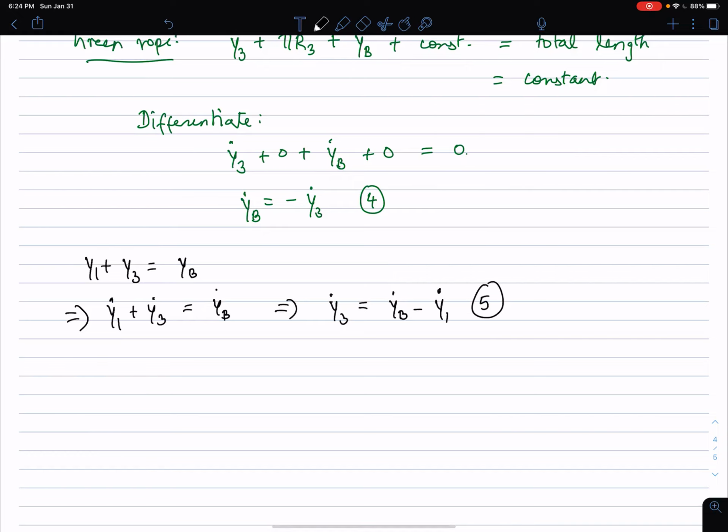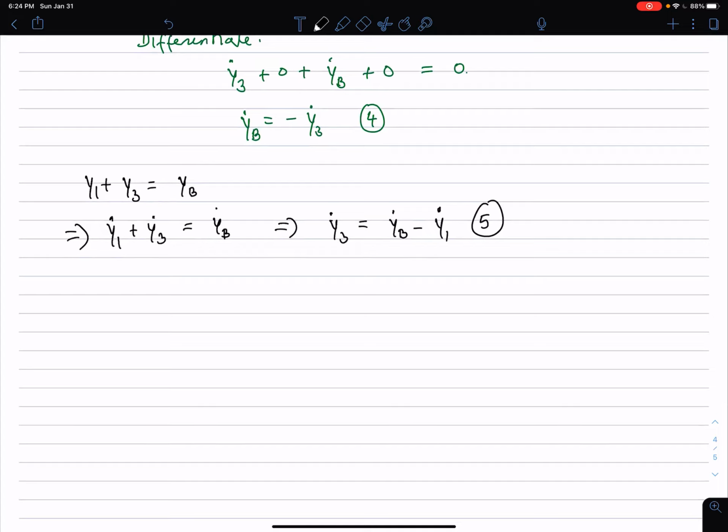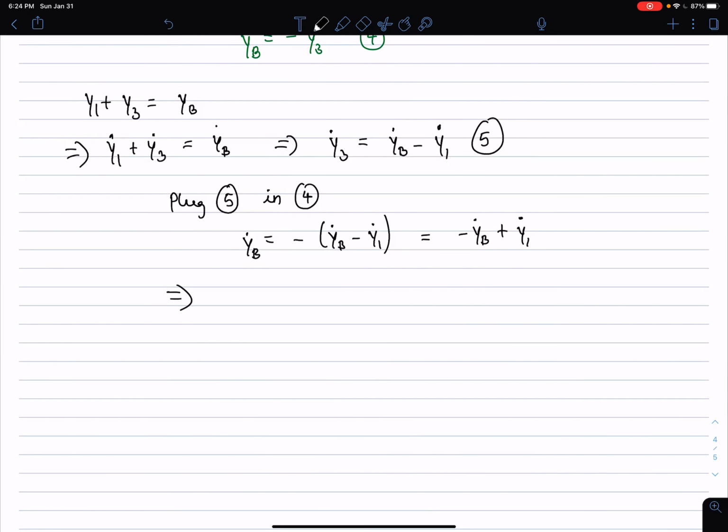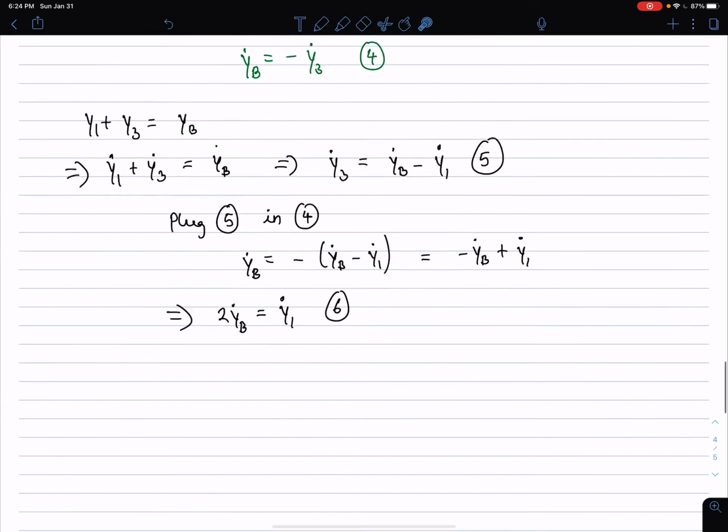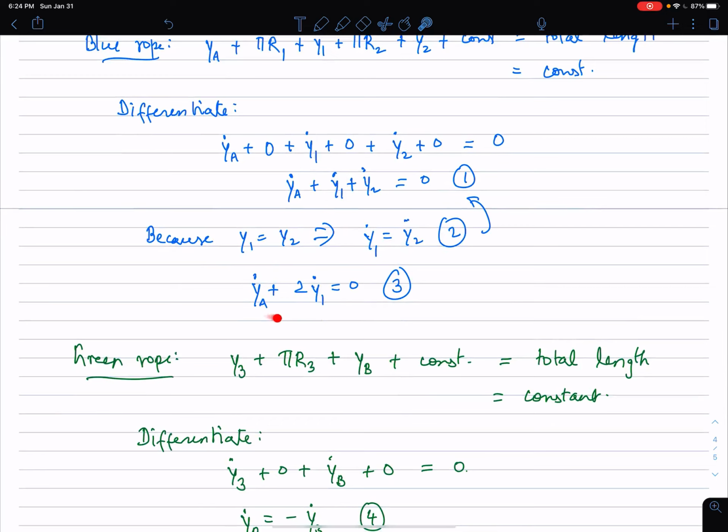Let's call this 5. Plug 5 in 4. We get YB dot equals minus YB dot plus Y1 dot, or bringing the YB to this side, you have 2 YB dot equals Y1 dot. Let's call this 6. So we have 6, which is a function of YB and Y1. We have 3, which is a function of YA and Y1.